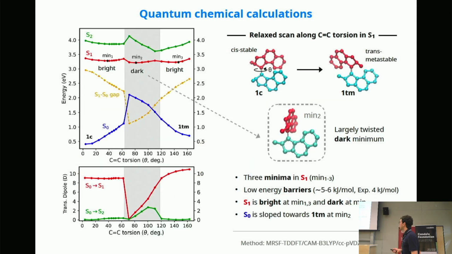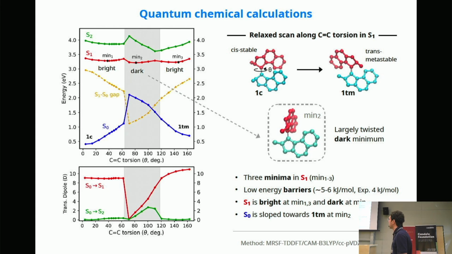In the second step, we performed a relaxed scan in the S1 state from the cis isomer to the trans isomer. From this relaxed scan, we found these energy profiles, in which we can see that the S1 potential energy surface is characterized by the presence of three minima.